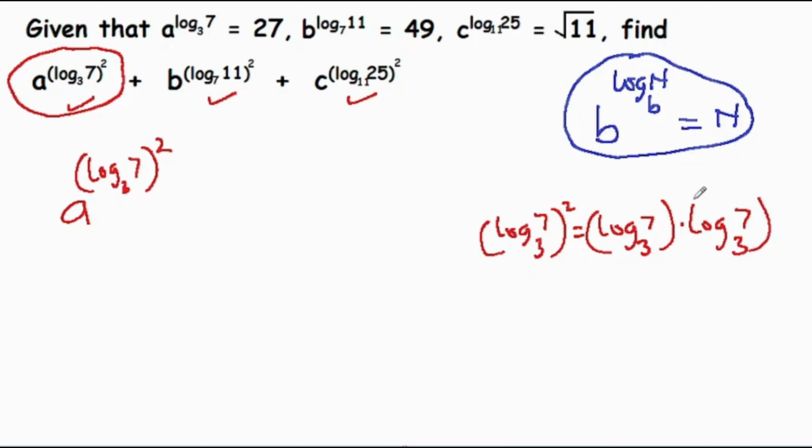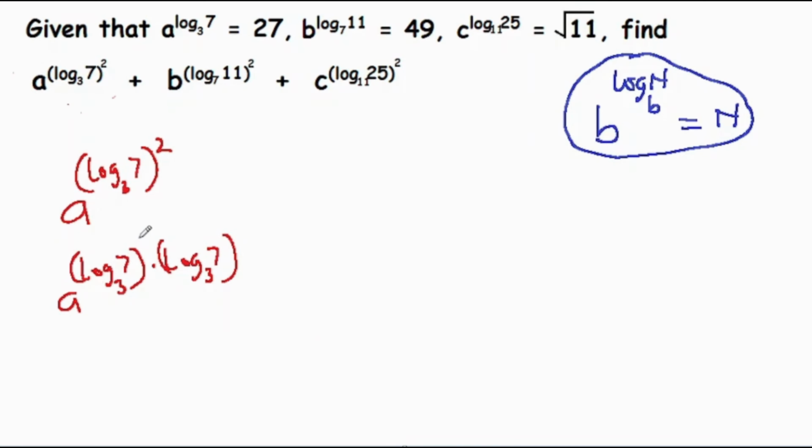So that's the implication of that statement. So here now, a raised to power log 7 base 3, let's put a bracket there, multiplied by log 7 base 3. For the sake of convenience, let's put a bracket here. Okay, good. And we have it here too.